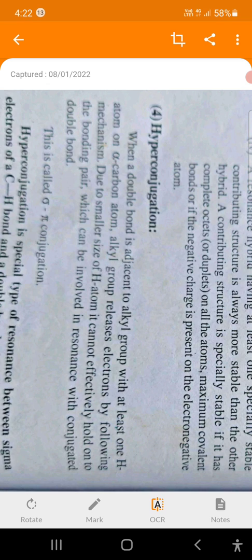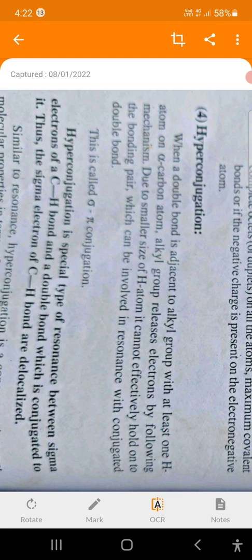Such delocalization of pi bonds in conjugated systems is resonance. Then what is hyperconjugation? Remember that hyperconjugation is a special type of resonance in which the C alpha H covalent bond participates in delocalization. This is only the definition.